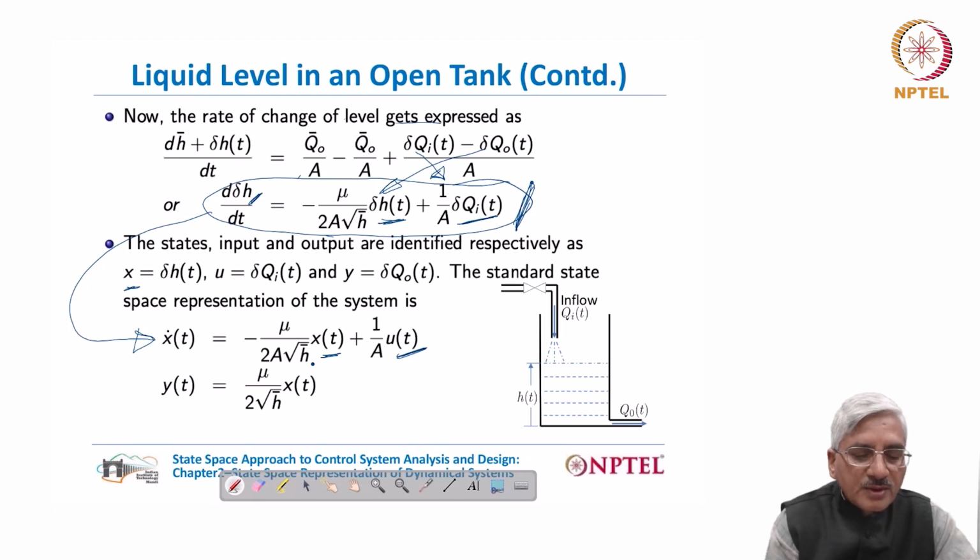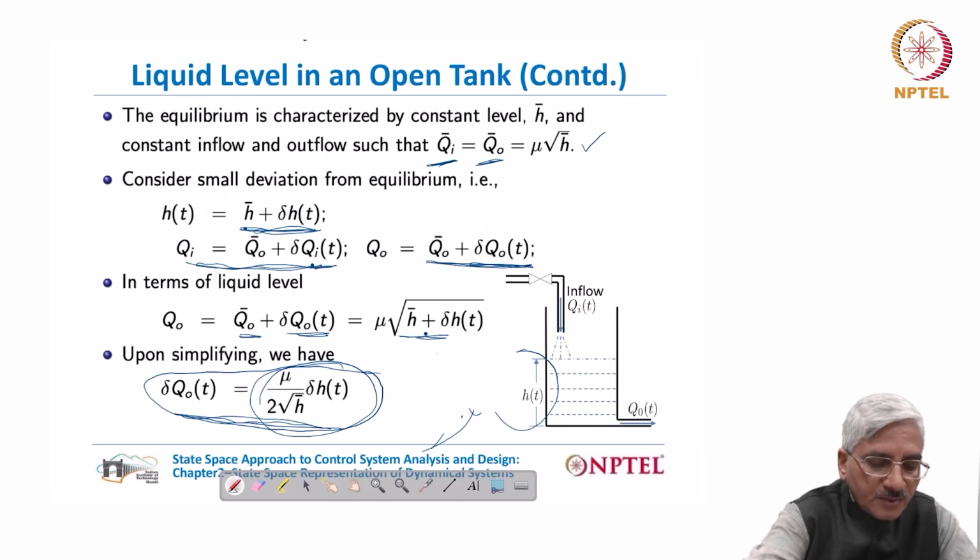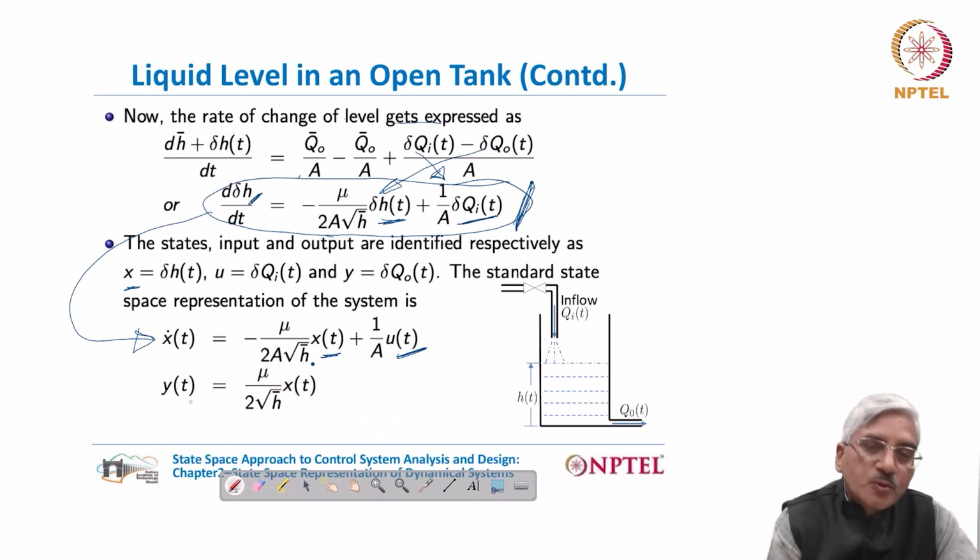And the output, which is delta Qo, we obtained in one of the previous slides. It is here. Delta Qo is mu by 2 root H bar into delta H. So that gives the output y equal to mu by 2 root H bar times x.